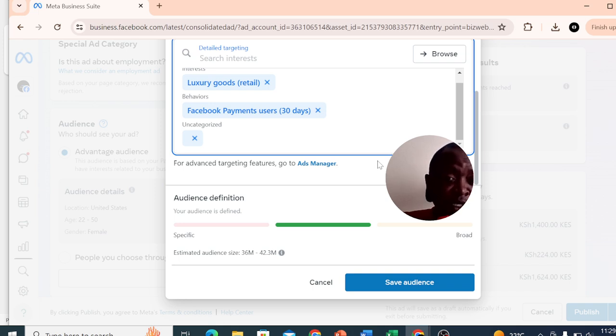They have money, they have the buying power. Then people who have engaged with the actions on Facebook are also good or potential targets that you cannot overlook in your campaign. So I hope this information helps you.